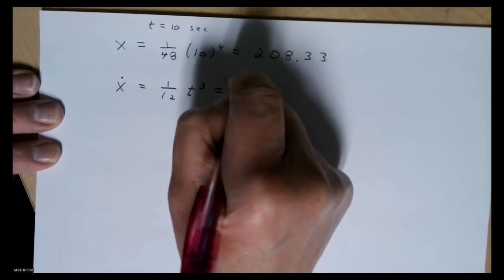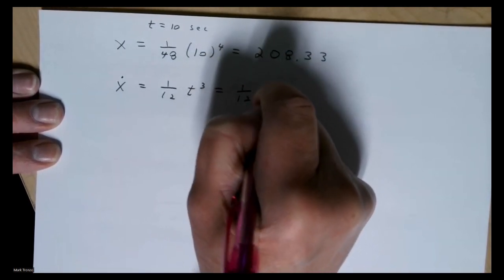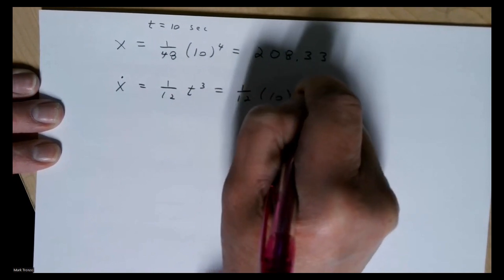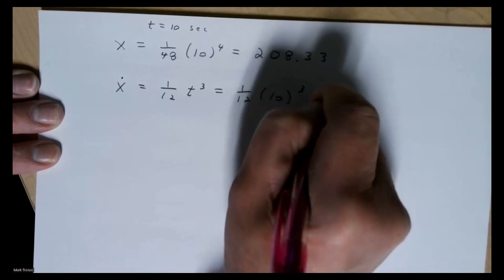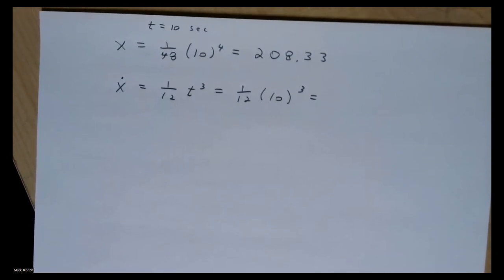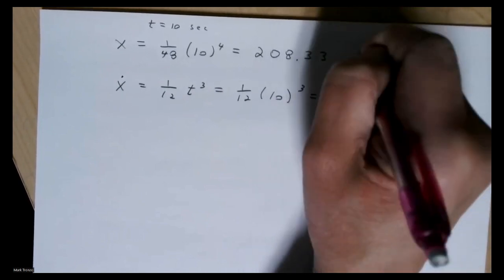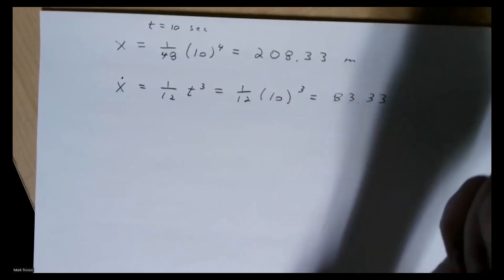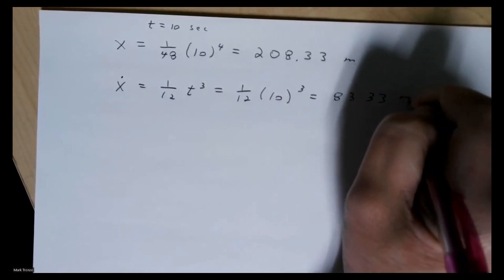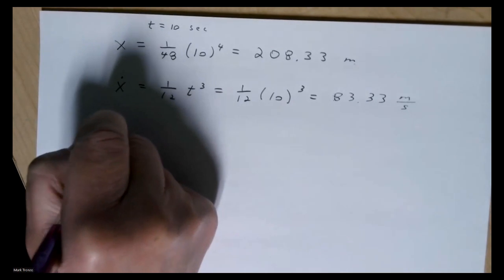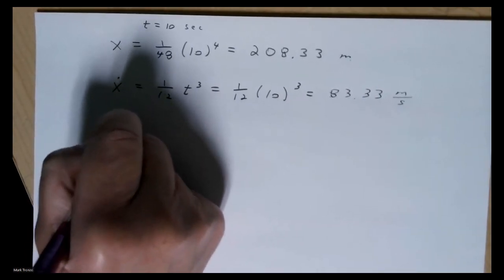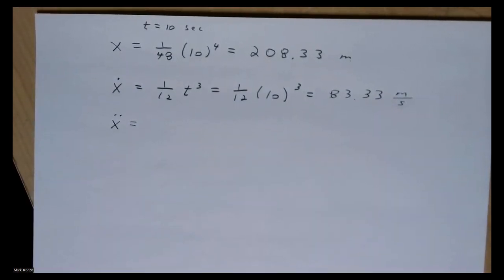And at t equal 10 seconds, it's going to be 10 cubed. We divide that by 12, we get 83.33. And up here, this was meters per second.